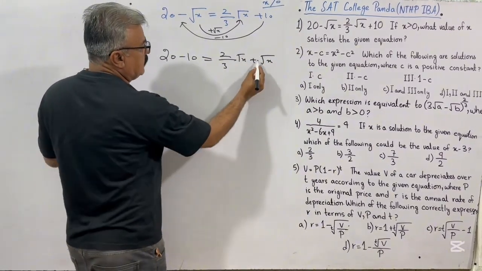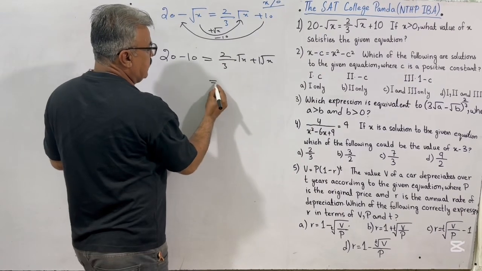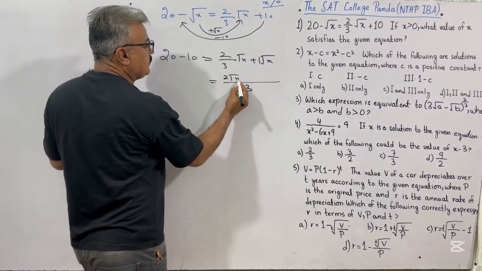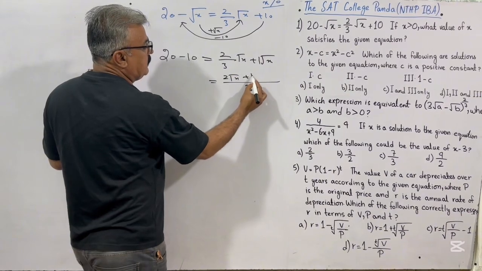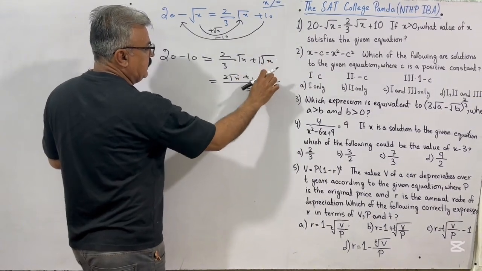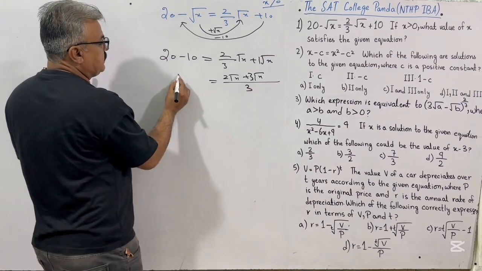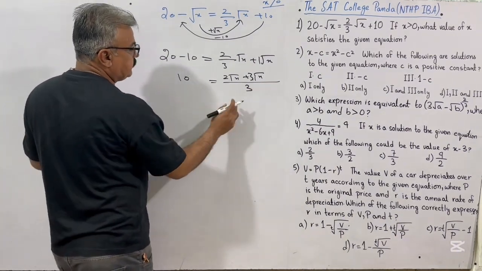Directly add, one can take LCM, 3 is the LCM: 2 times root x, 1 times 3 is 3 times root x, and 20 minus 10 is 10.